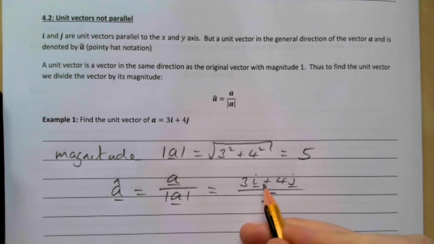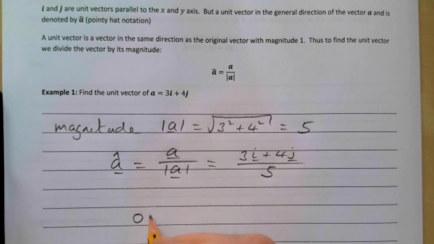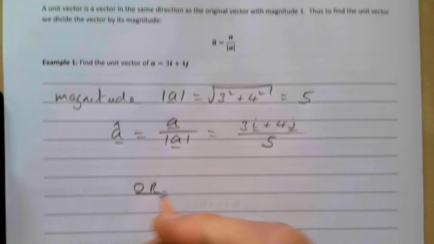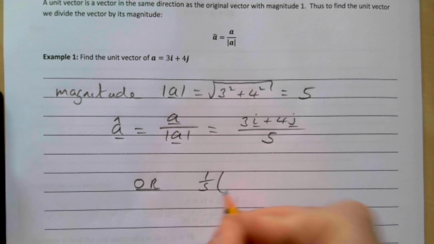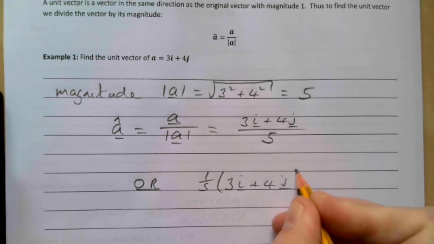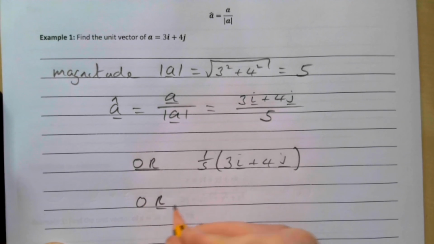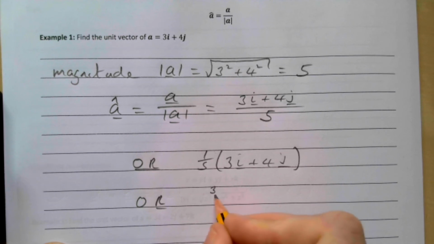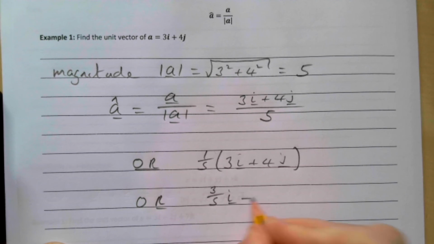That would pretty much kind of give you your final answer. Another way of writing it, if you wished, would be a fifth upon 3i plus 4j, or another way again would be 3/5 i plus 4/5 j. Any of those are fine.